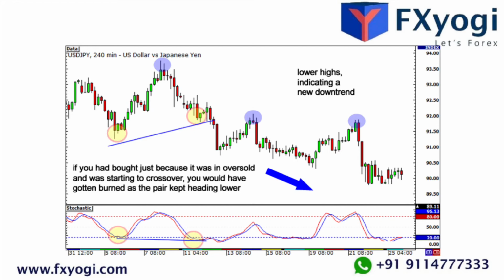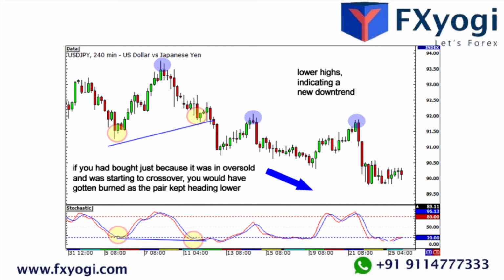Let's say you're looking at a chart and you notice that the stochastic has formed a new low while the price has not. You may think that it's time to buy because the indicator is showing oversold conditions and divergence has formed. However, selling pressure may remain strong and price continues to fall and make a new low. You would have been pretty bummed out as the trend did not continue.